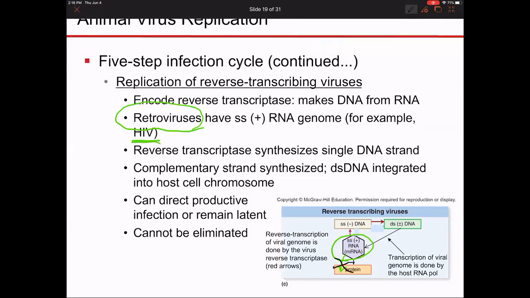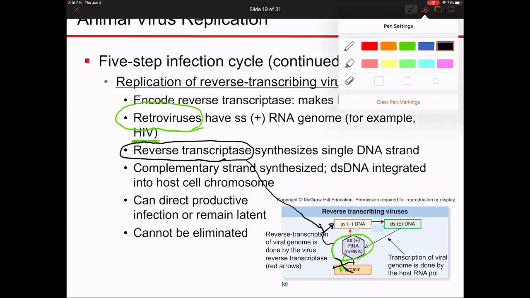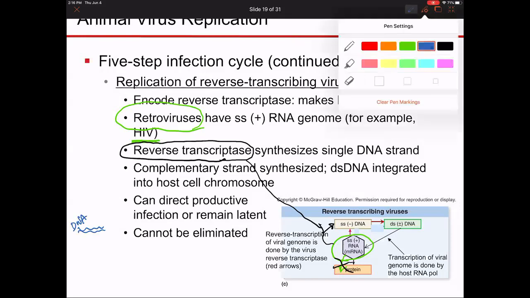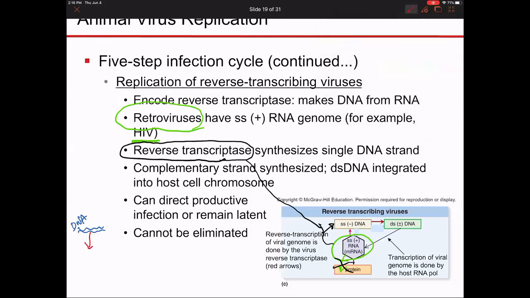Retroviruses bring with them very unique enzymes that allow the virus to follow a different strategy for replication. One of the enzymes that these viruses bring is called reverse transcriptase. What that enzyme will do is the opposite of what you know until now about the natural process of gene expression.